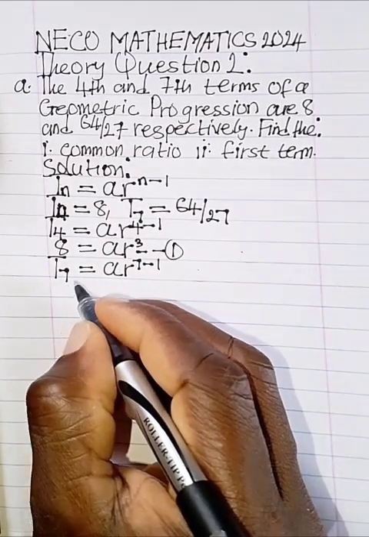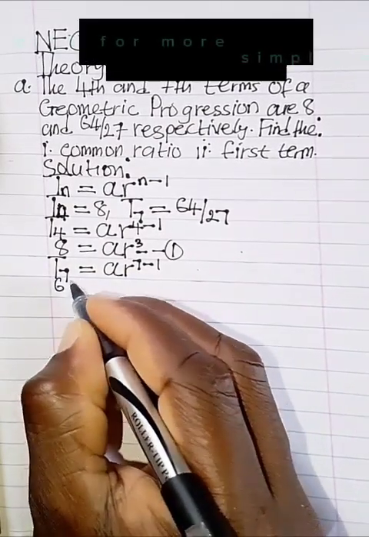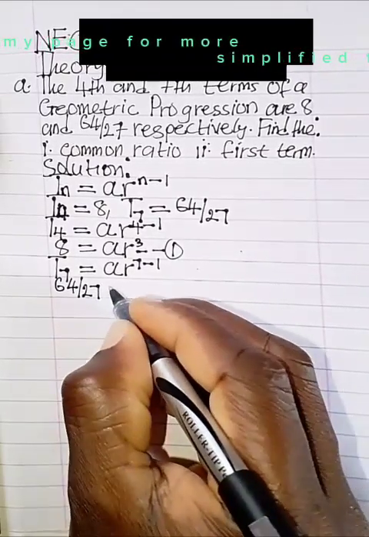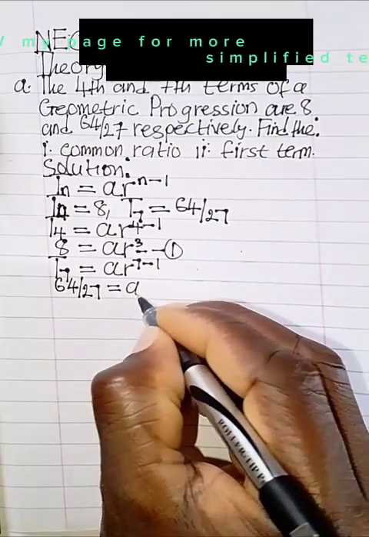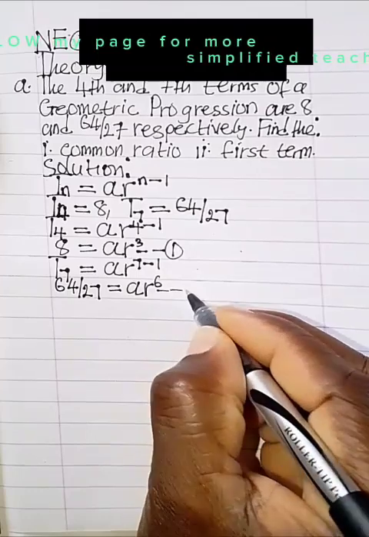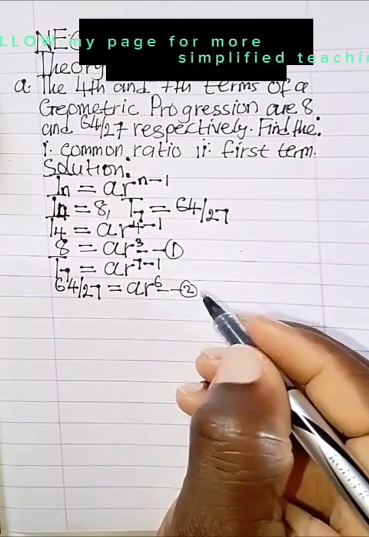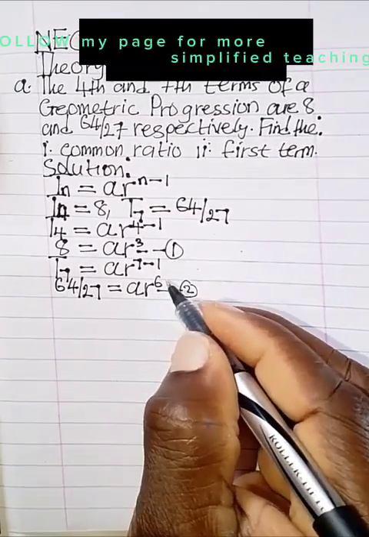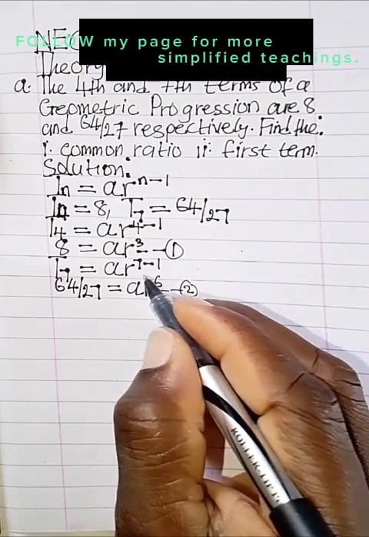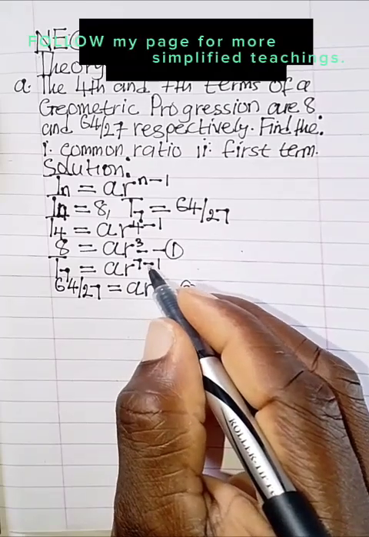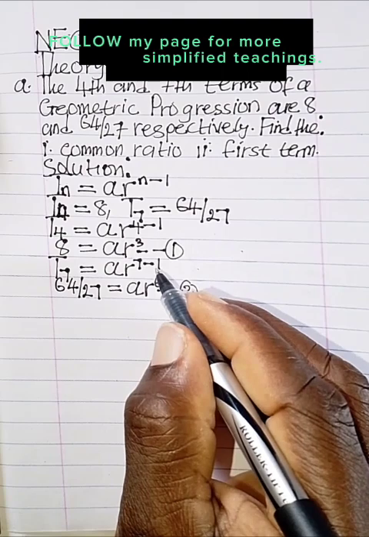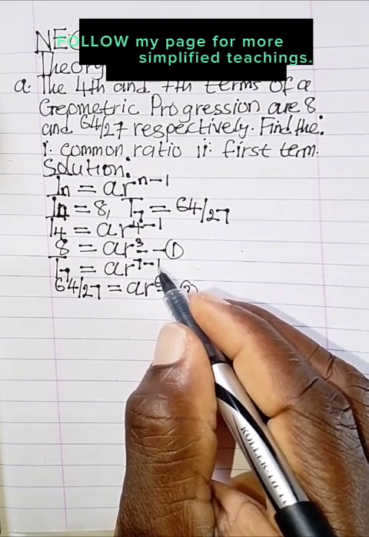The seventh term is 64 over 27 equal to a r to the power of 6. We call this one equation 2. The two equations are non-linear because the power of r is more than 1, and as such we cannot solve them simultaneously.